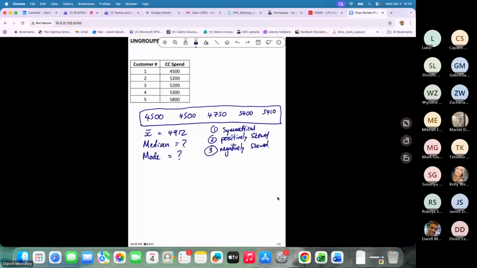Remember, if the mean is the largest value, then it's positively skewed.